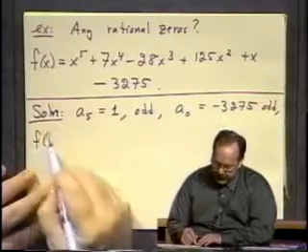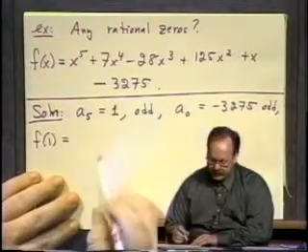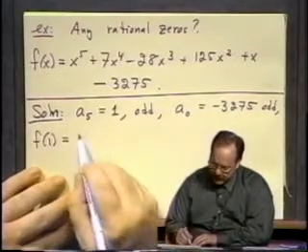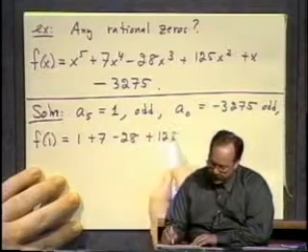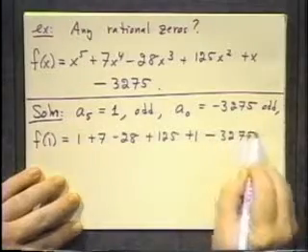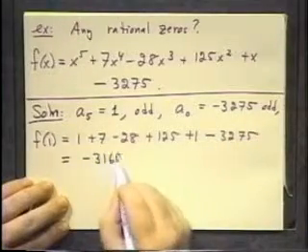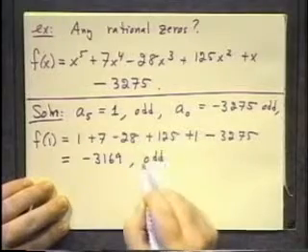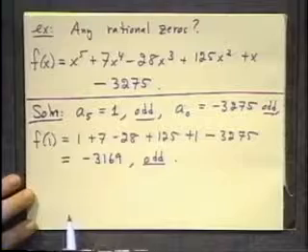And then let's look at f of 1, which remember is just, when you put 1 in for x, you're just adding the coefficients. So the sum of the coefficients is 1 plus 7 minus 28 plus 125 plus 1 minus 3275. And if you drop that in your calculator, you get minus 3,169, which is odd. So all of these are odd, which means the conditions of the theorem are met.